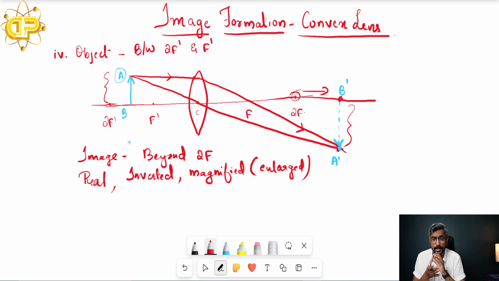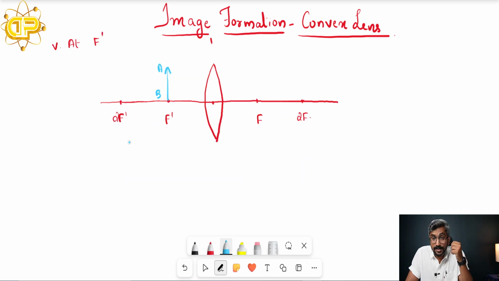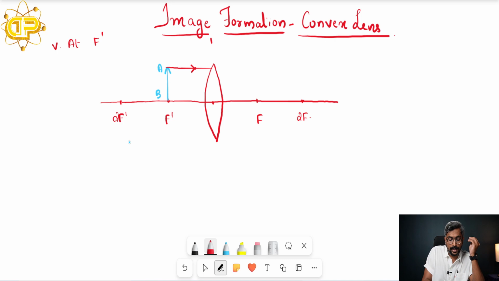And the next case is, if I'm keeping the object at f dash, what will happen? Just see the screen. You can see that the object AB is placed at f dash. Here, a ray is taken coming from point A, falling parallel to the principal axis on the lens. What happens there?